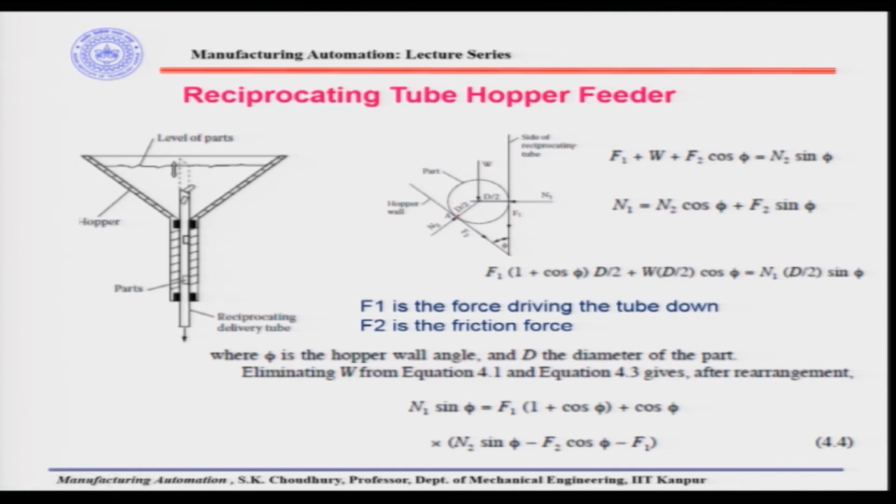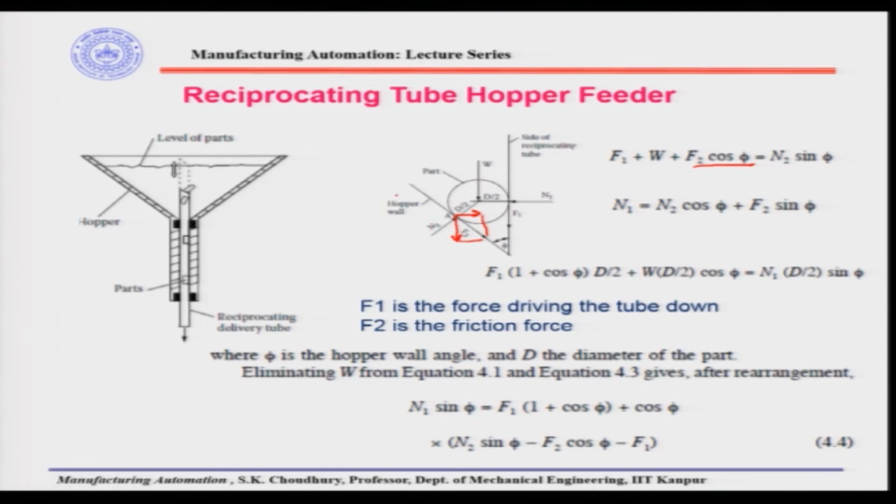What we are saying is that there will be two components, okay. One component is here of F2 and one component is here. So this component we are taking as F2 cos phi, because we are taking the vertical forces. So F1, W and F2 cos phi, this is in this direction, okay.